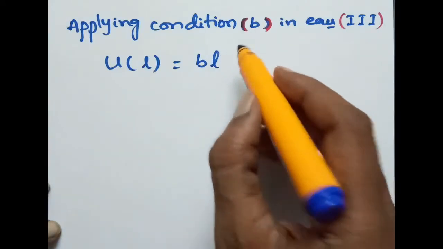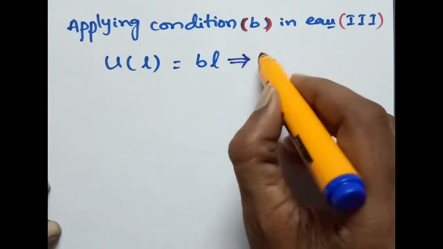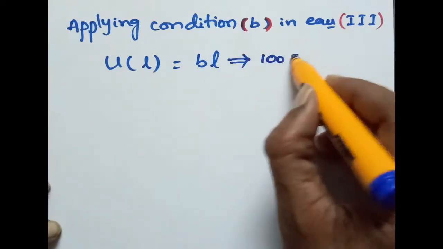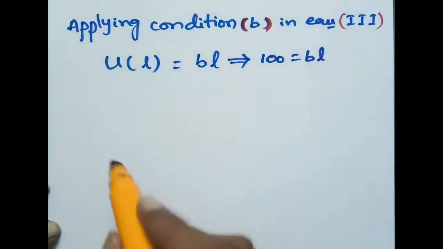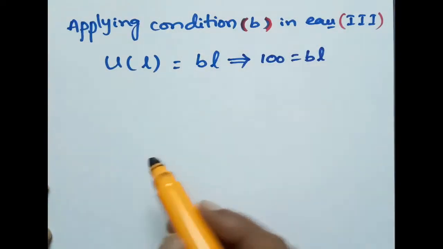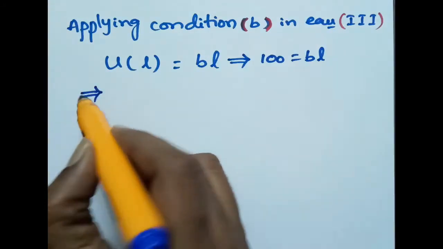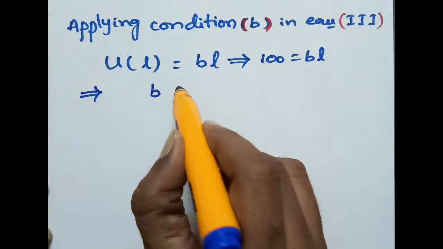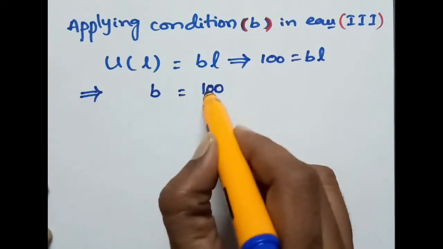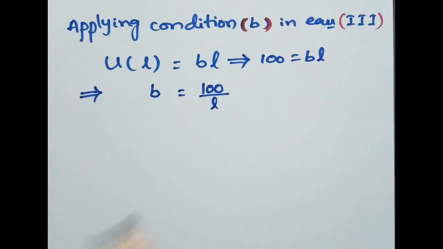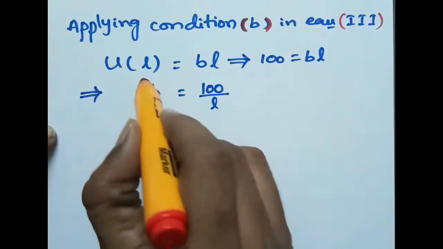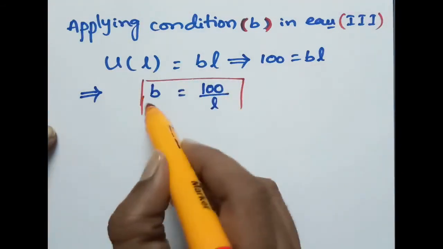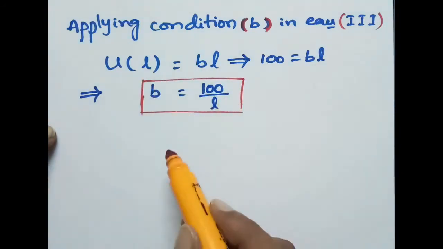This implies 100 = b·L. Therefore b = 100/L. So substituting b in equation number 3.